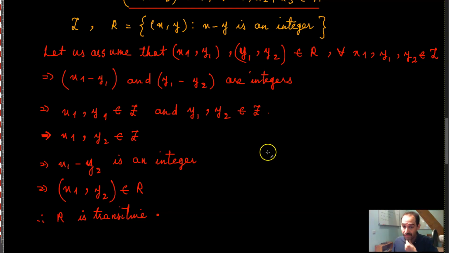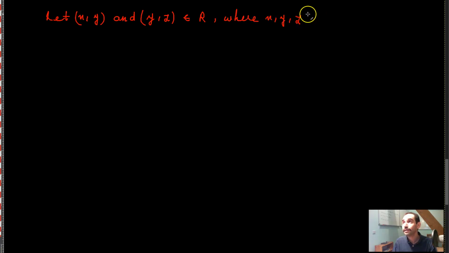Now, in case you didn't understand my logic here, you can also say that let x comma y and y comma z belong to R, where x, y, and z belong to the set of integers, right?